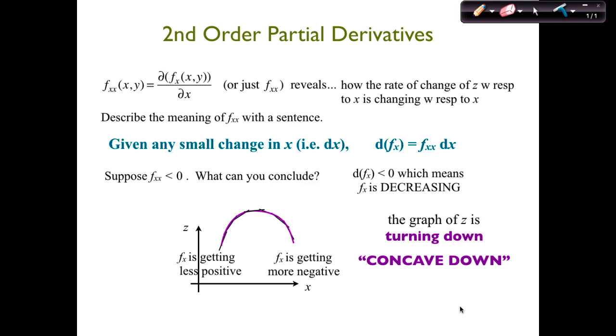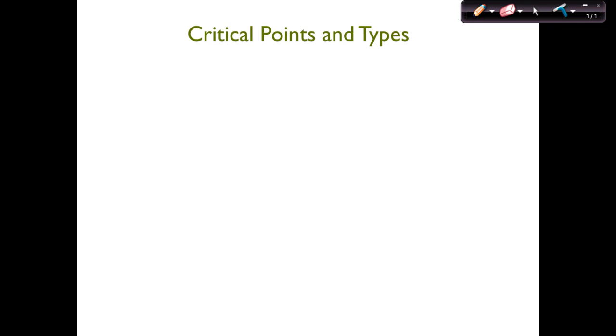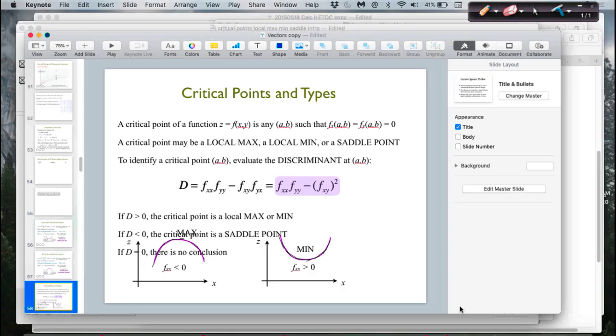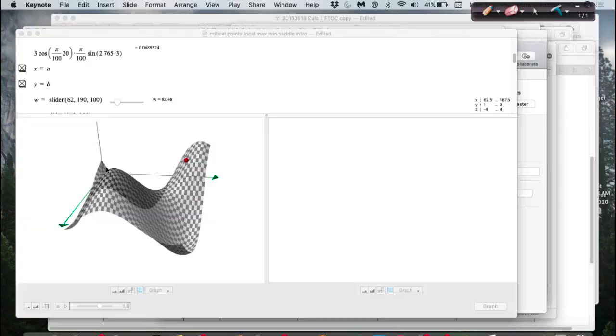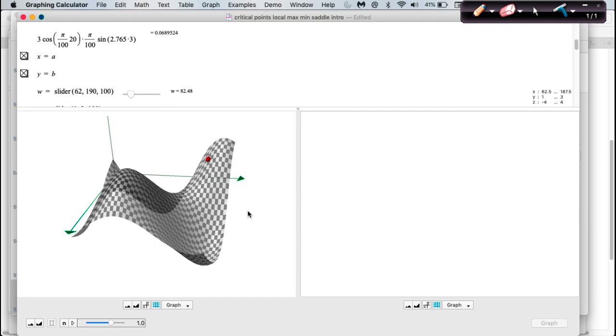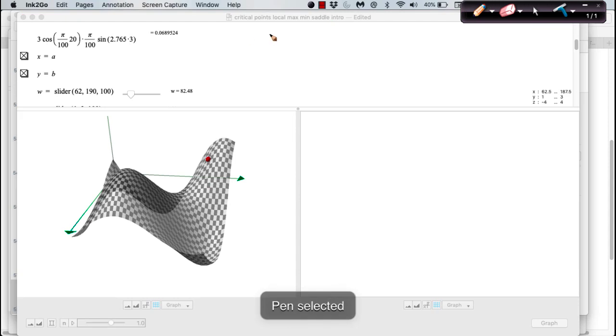Okay, so let's practice that on the graphs. So this first one. Now I'm going to give you several different points, one at a time. So for this first one, we know that fx, what do we say?